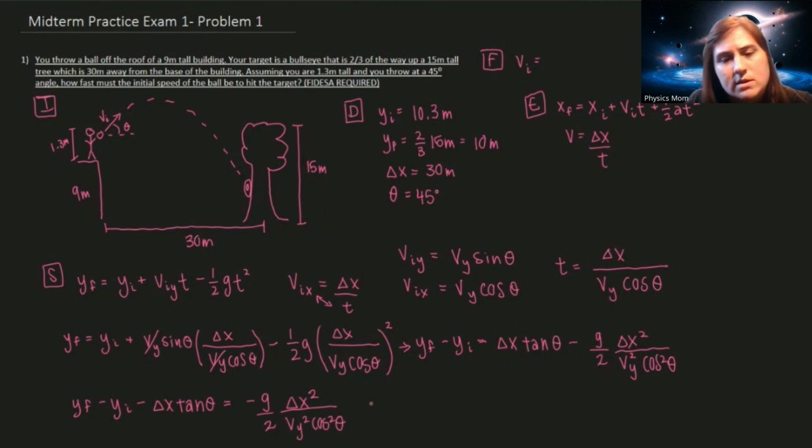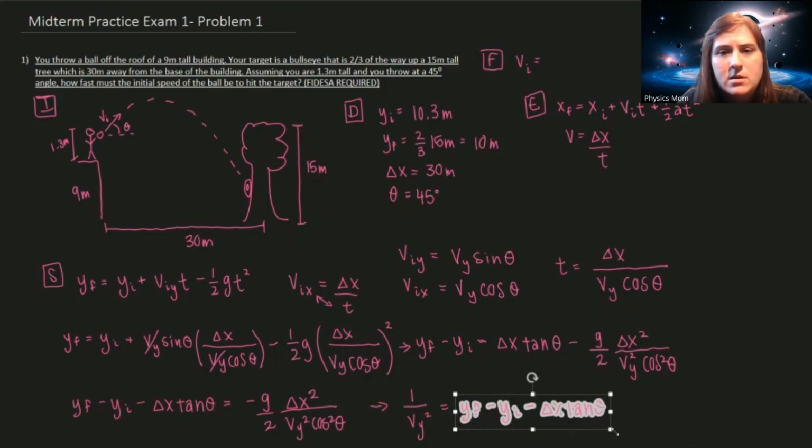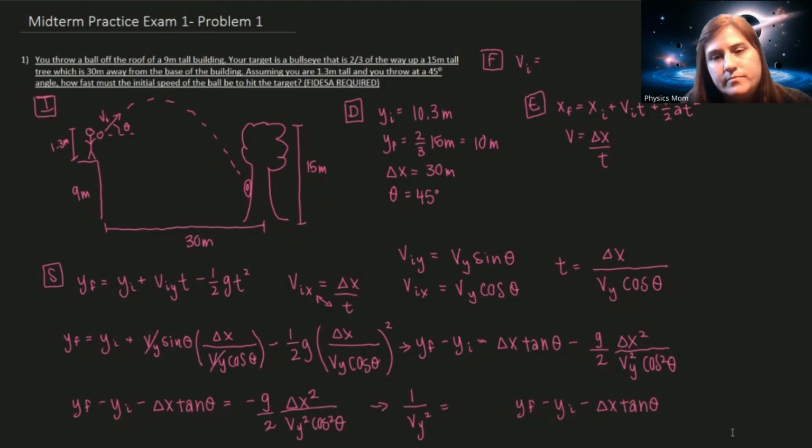So essentially what that's going to give me is 1 over v squared as equal to, I'm going to kind of copy paste this here because you have to be careful about how we distribute this. So this is all in parentheses.